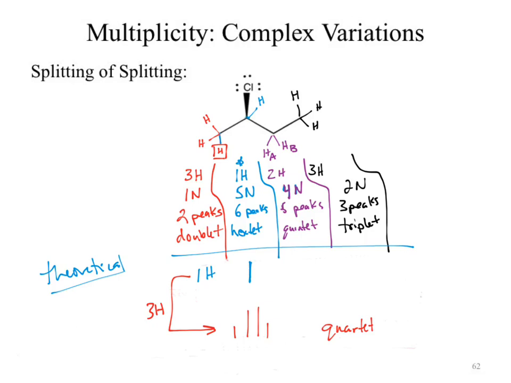That quartet was then split by our purple hydrogens, which was 2 neighbors, which gave us triplet, triplet, triplet, and a triplet. And we have our quartet of triplets.